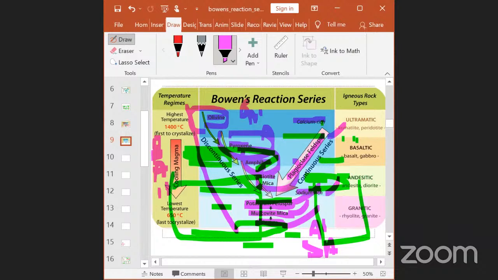Bowen was experimenting with what happens if you take a mafic igneous magma that is completely liquid and allow it to cool slowly. He discovered that a mafic magma, as it cools, does not freeze like water. Remember, different minerals crystallize out of this melt.